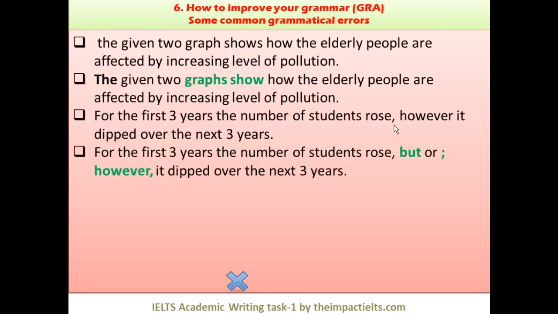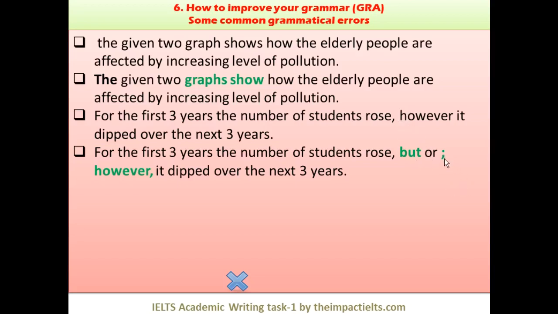Not only however, nevertheless, furthermore, moreover, in contrast, anything like that, we cannot use just by giving a comma. That's not acceptable. So either give a full stop and start a new sentence, because this is used between two sentences, or use but as an alternative if you want to avoid the full stop.